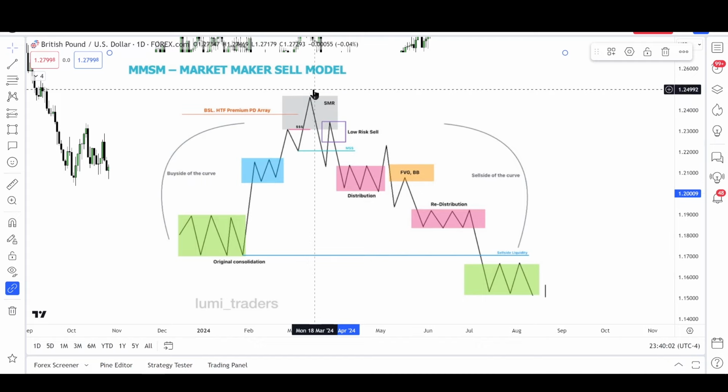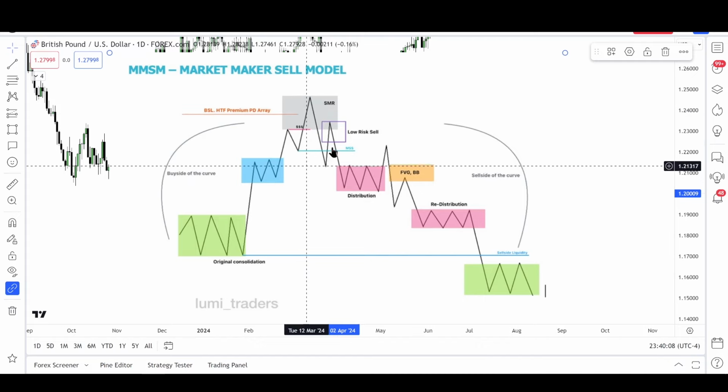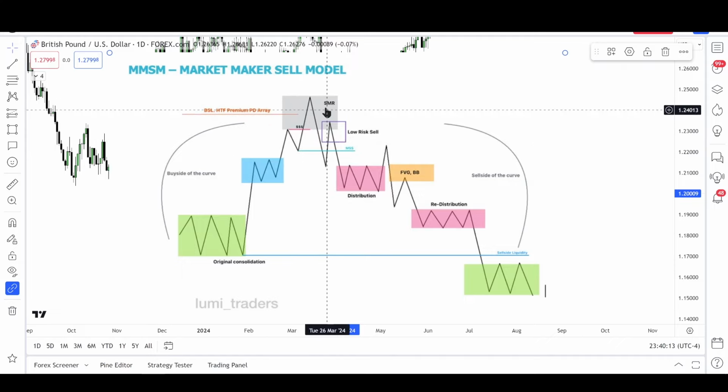Another common entry taught in ICT's 2022 mentorship is the low risk sell. So you get price coming into an area, higher time frame, premium PD array. You get a market structure shift. You see a fair value gap within that shift. You take that short. Okay, so a short could be taken in here, stop loss again above the high, and then you get another shift down, and then you get another distribution.